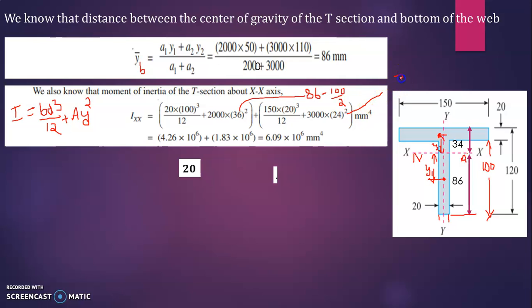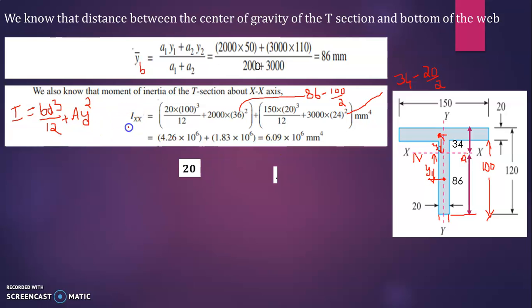That is 34 total minus 20 divided by 2, that is 10. Because y is the distance from CG to the neutral axis, that distance is 34 minus 10, so you get 24. So simplify this, you get 6.09 into 10 raised to 6.